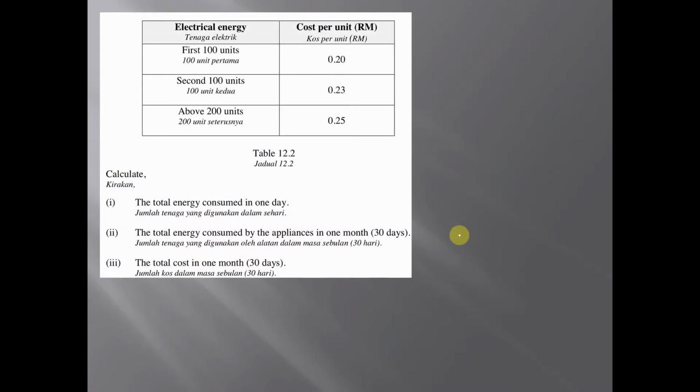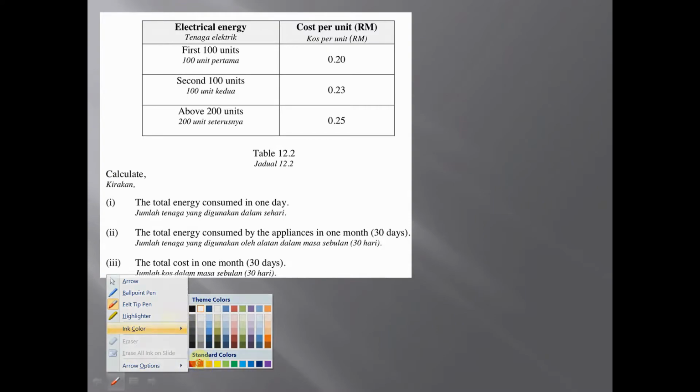And lastly, how much you need to pay, the total cost. Now we're going to move on to the next question. The total cost, jumlah bayaran yang diperlukan. So how do we do it? Just now we already know that your total usage is 1,368 units or kilowatt hour.